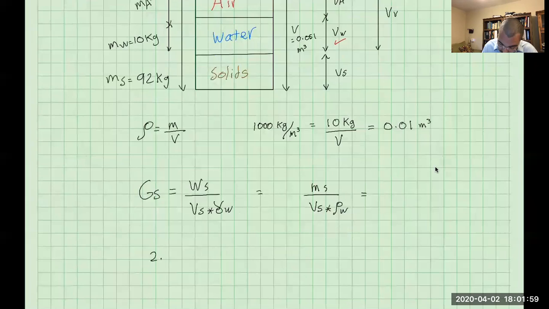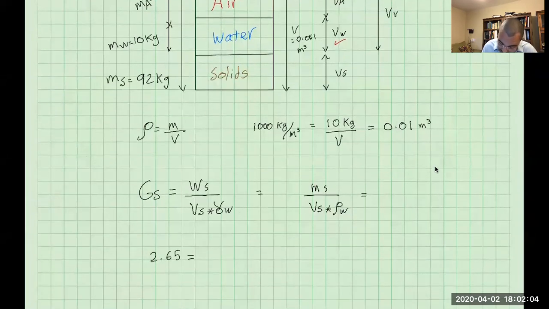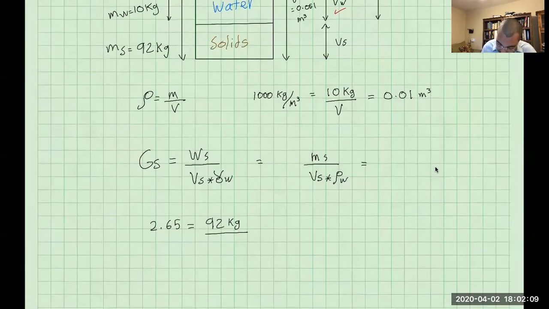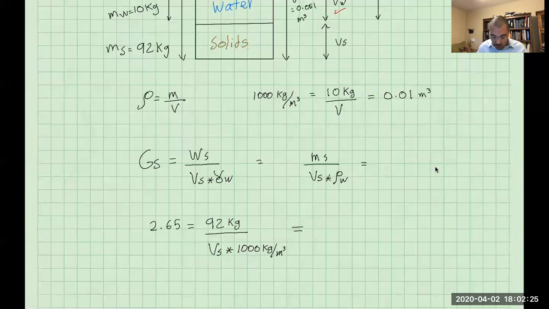So we have 2.65 is equal to the mass of solids, 92 kilograms, divided by what we're trying to find, which is the volume of solids, multiplied by the density of water, which is 1,000 kilograms per meter cubed.